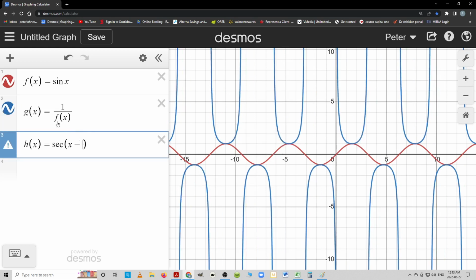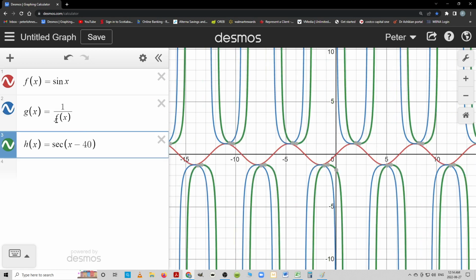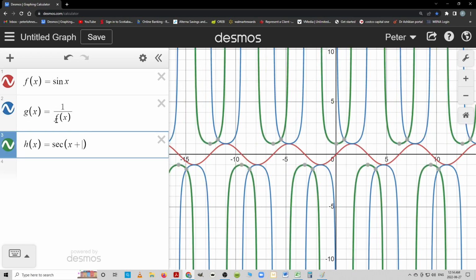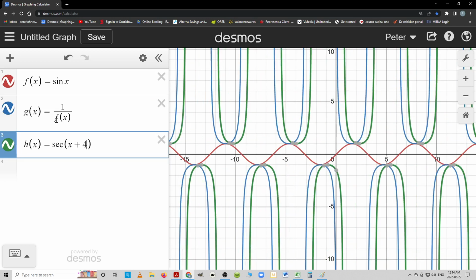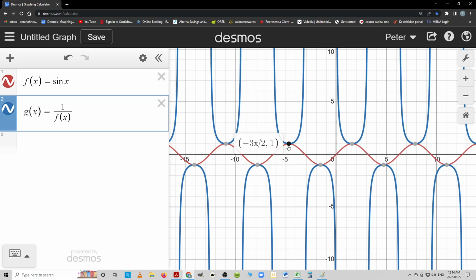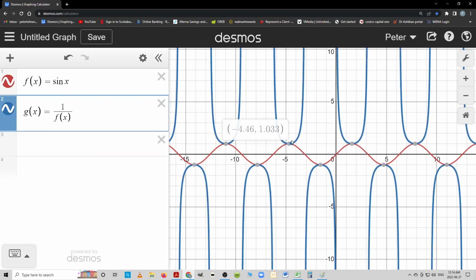Let's try 45. Not quite, still didn't get it. Interesting. I'll have to figure that out. Why is it phase shifted? An inaccurate phase shift. I'll figure out the phase shift. But anyway, it looks a lot like a secant curve.